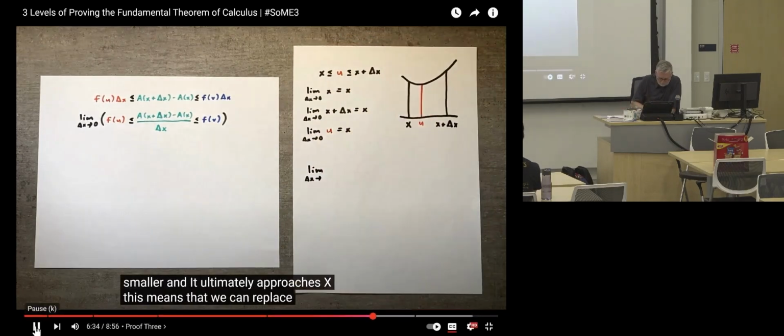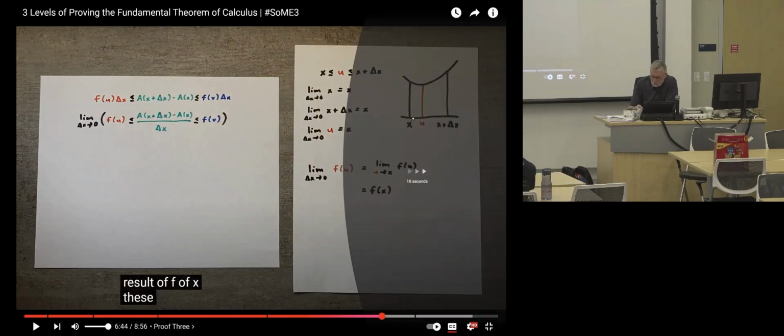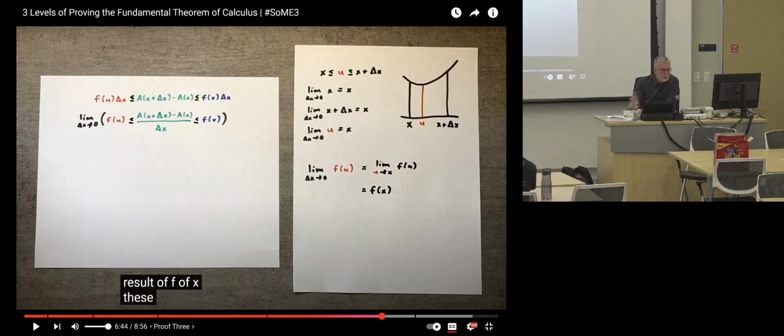This means that we can replace our... We're going to take the limit as delta x goes to 0 of f of u. U depends upon delta x, because if I move delta x to something much smaller, then u changes, okay?